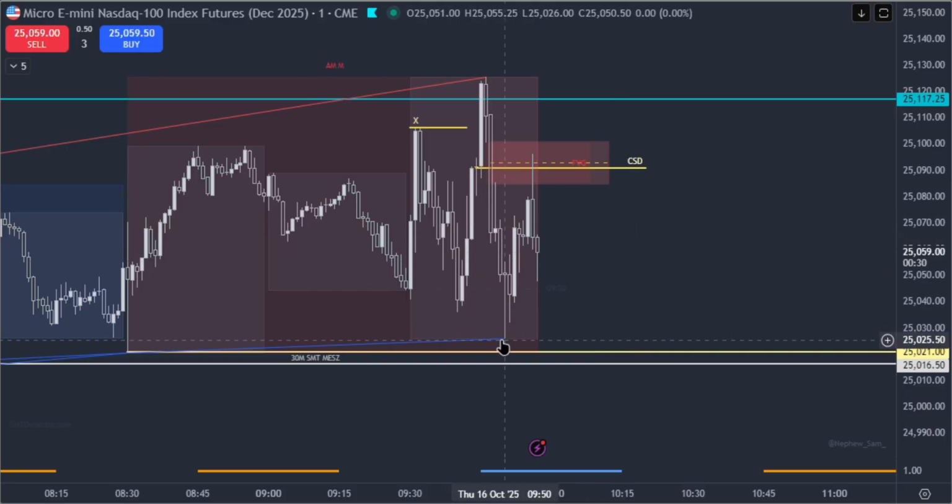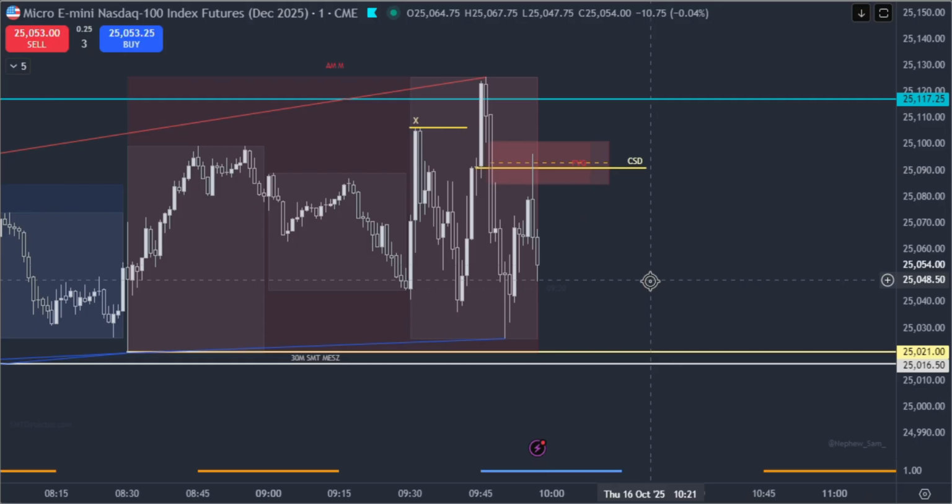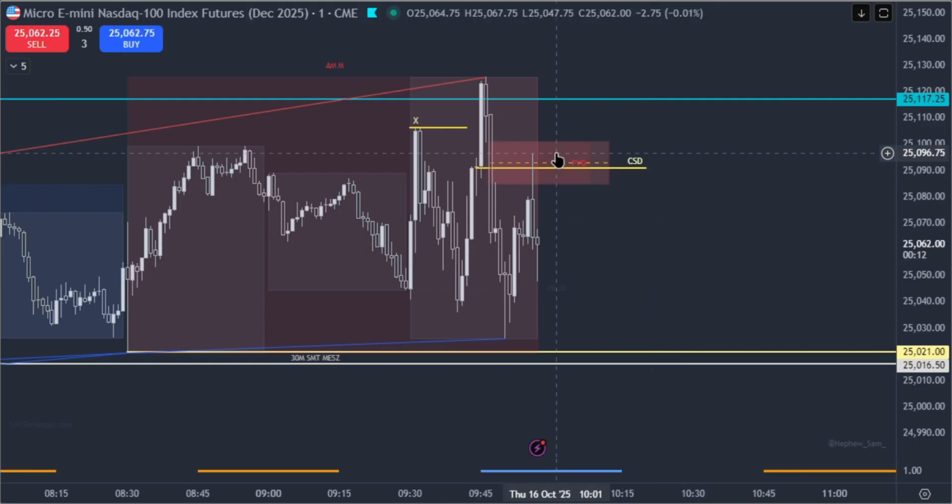Just because we have these SMTs down here, I would like to see another form of SMT here. Another manipulation leg, and then another market structure shift to target at least these lows.